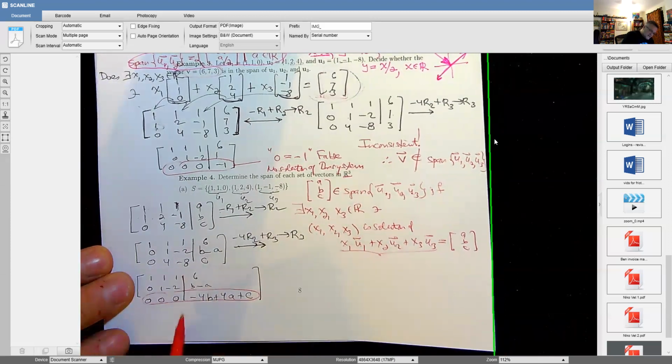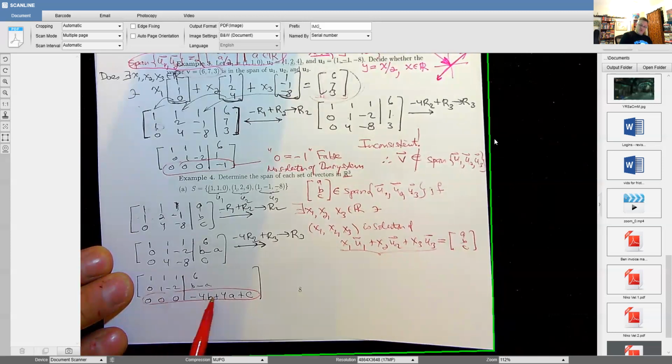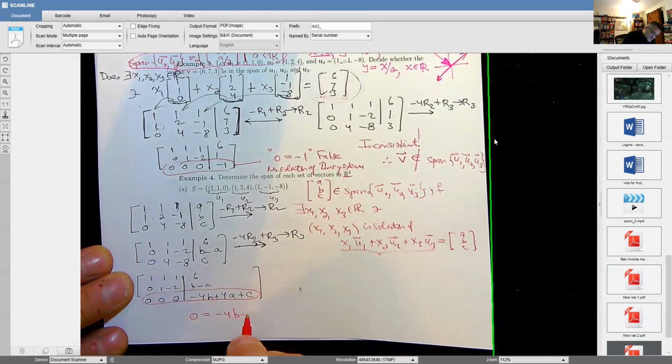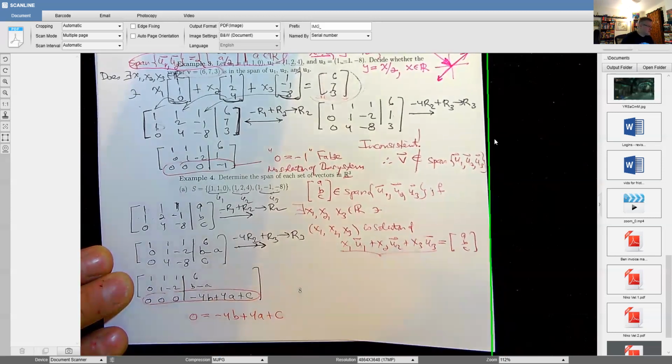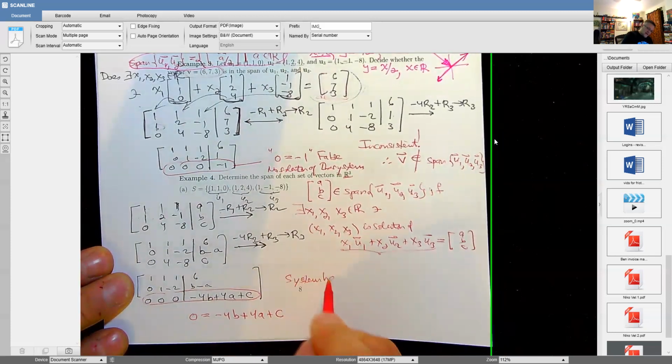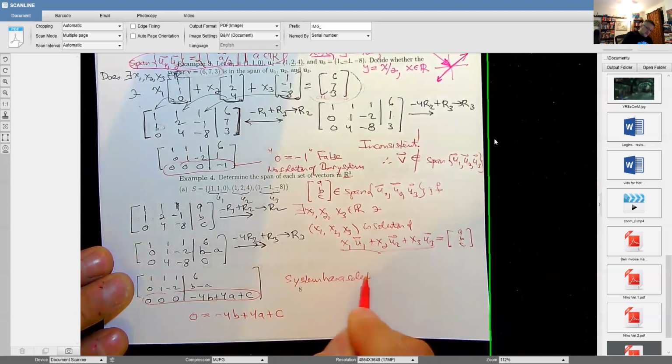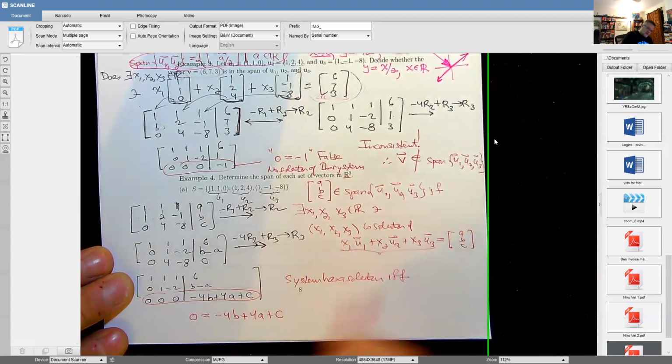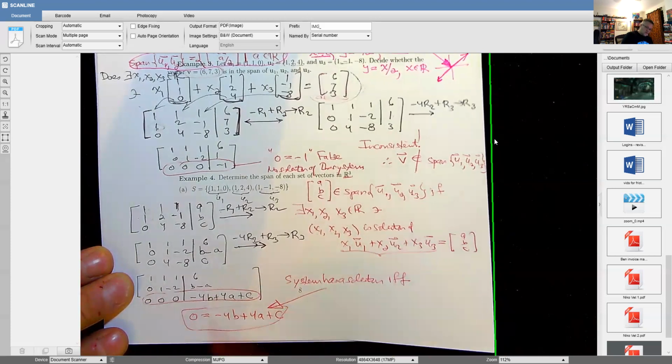But the fact that there are all zeros here gives you the condition, right? So this means that the only way this is going to have a solution is if this produces a true statement. And so 0 would have to be minus 4b plus 4a plus c, right? That would have to happen. So this system has a solution if and only if this condition holds.